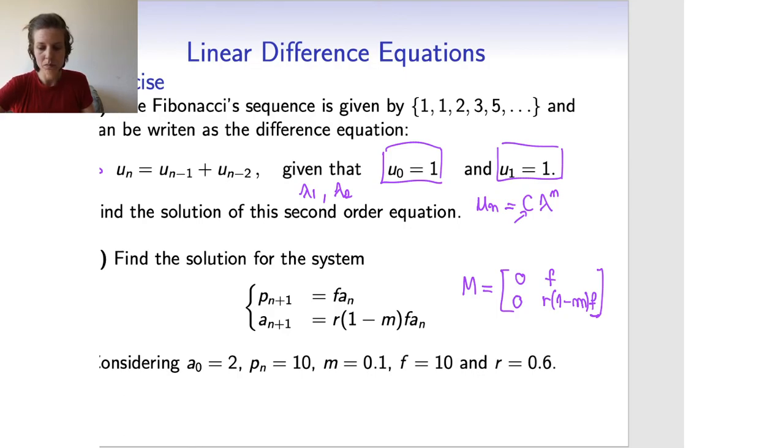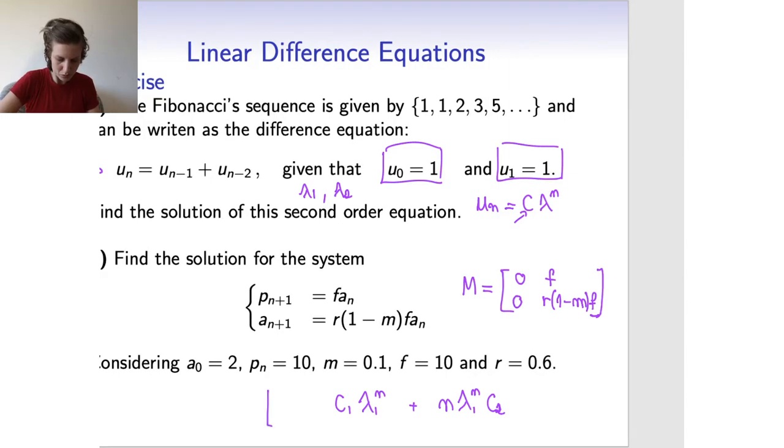So here, for having a linearly independent solution, you need to put that n in front, so you need to do something like this, okay? Times lambda 1 to the n. So your solution will be something like this. Okay, I also leave this as homework.